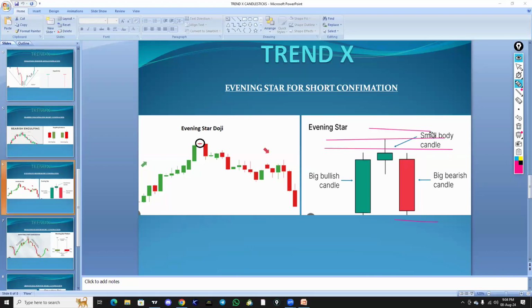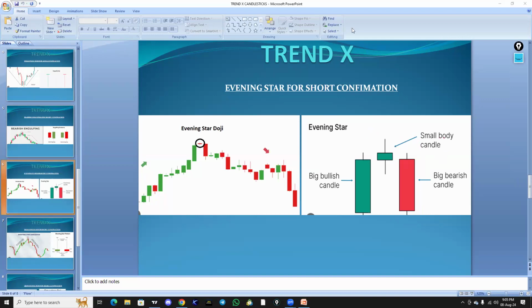Stop loss will be above this candle. Until we get any confirmation, we are not taking any trade. It makes sense, right? When we start using these candles, we'll become a very professional trader. A professional trader will not take a trade at all until he gets confirmation. Okay, this is an evening star.